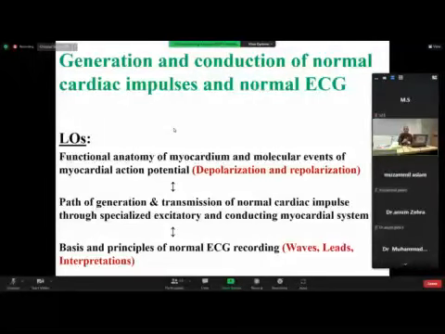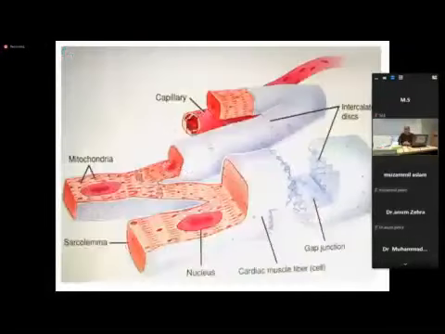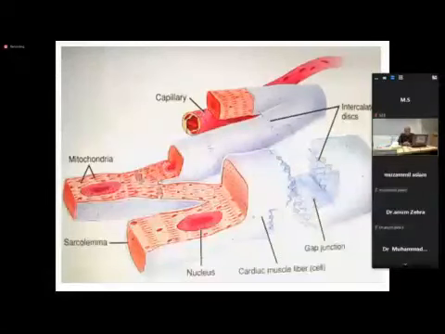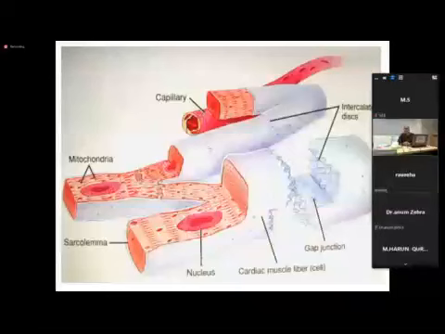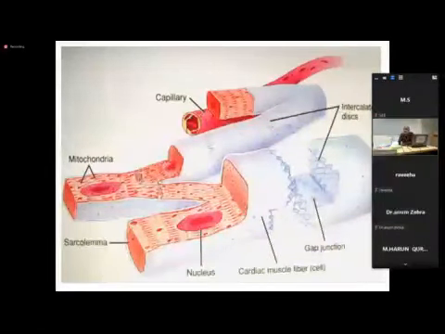So, how many types of muscles do you know which are present in the human body? 3. Can you name them? Cardiac, skeletal, and smooth. Okay, the first two which you have named, cardiac and skeletal, are both histologically striated.